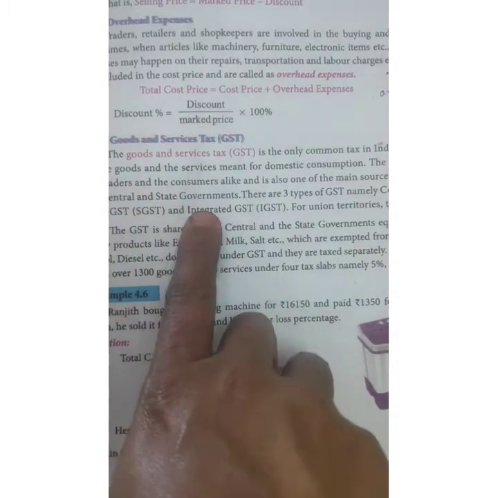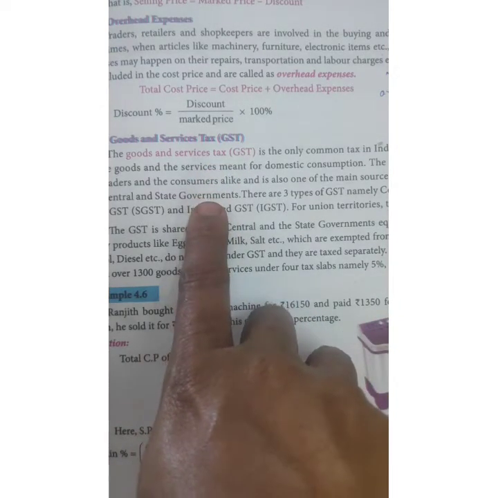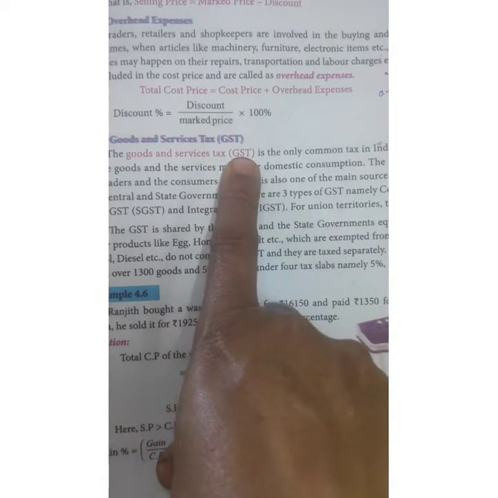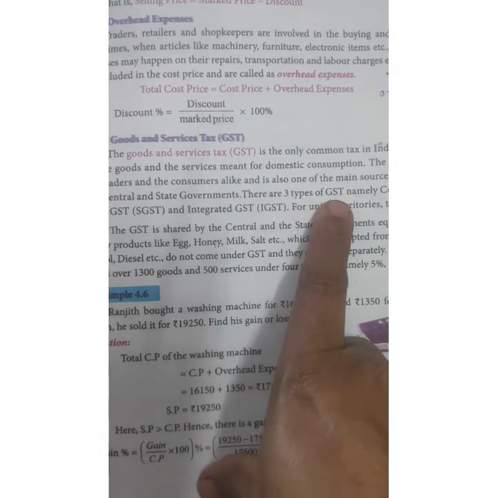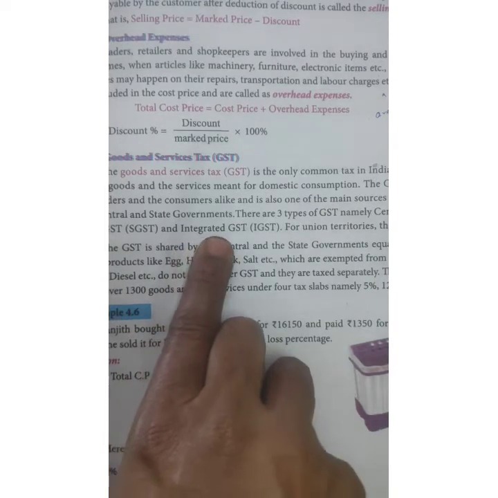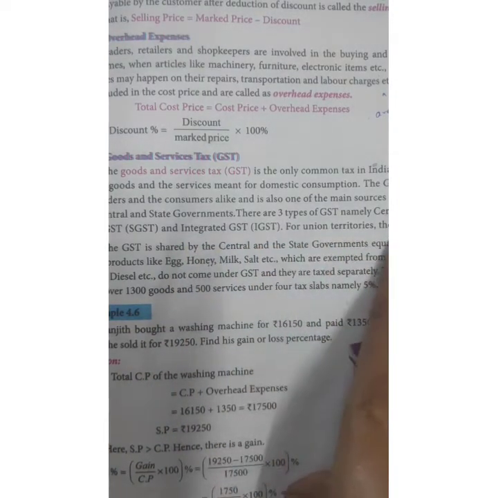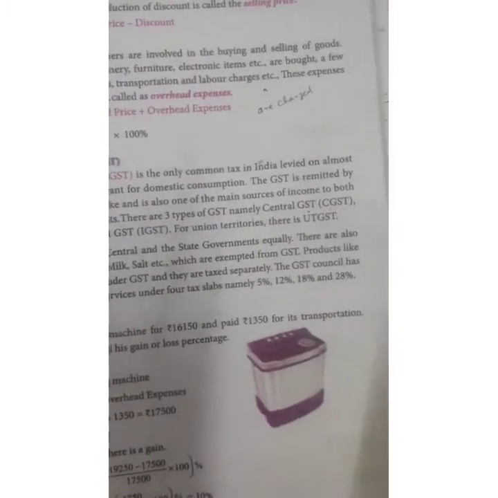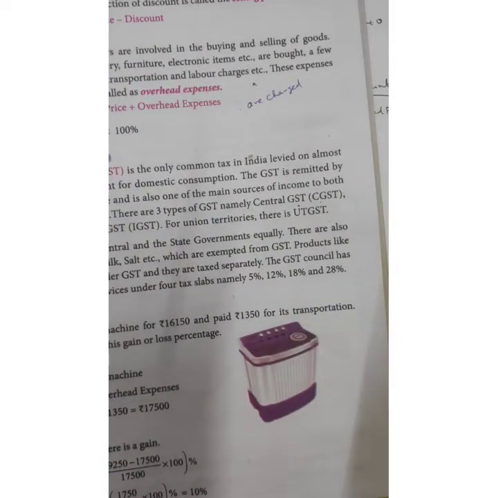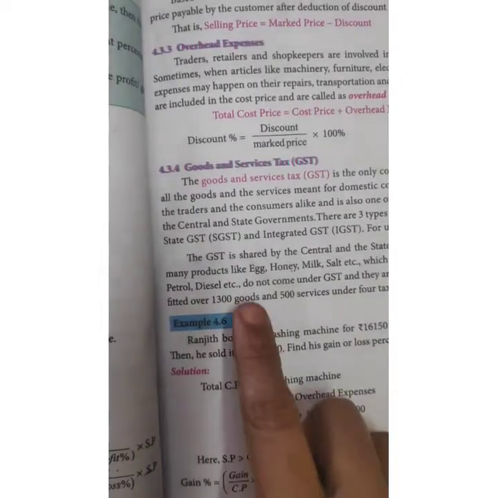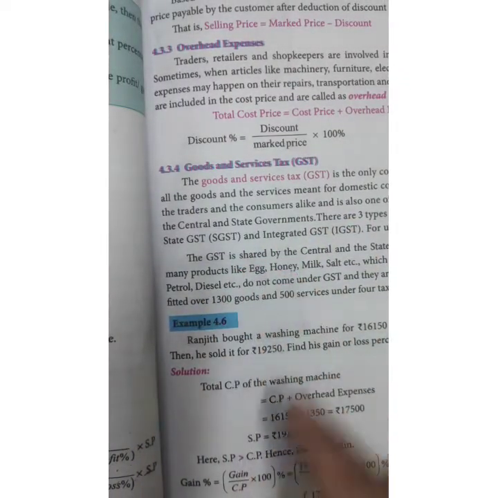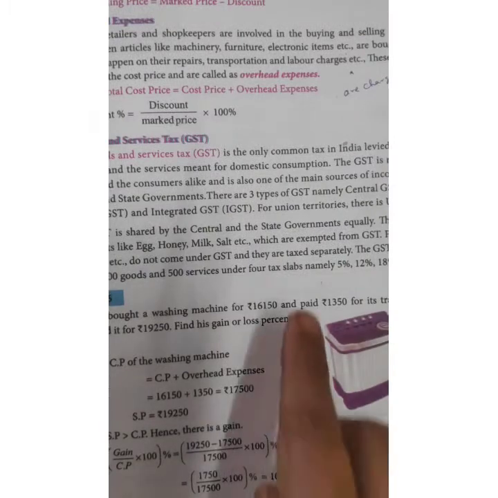There are three types of GST, namely central GST, state GST and integrated GST. For union territories, there is UTGST. The GST amount is shared equally by the central and state governments.